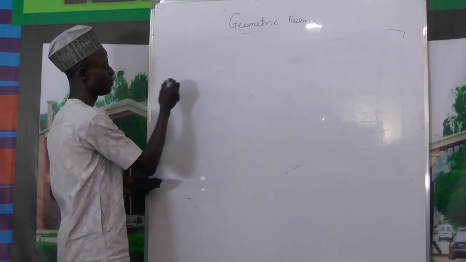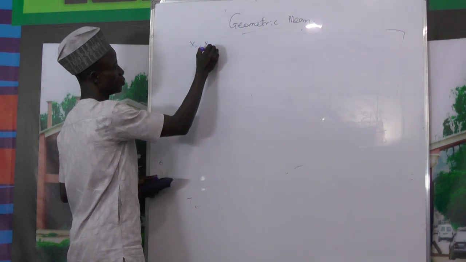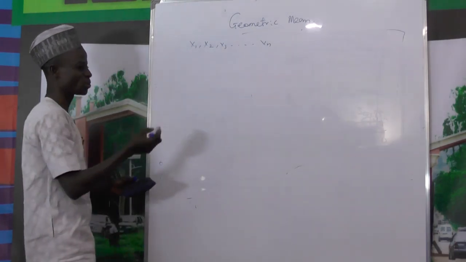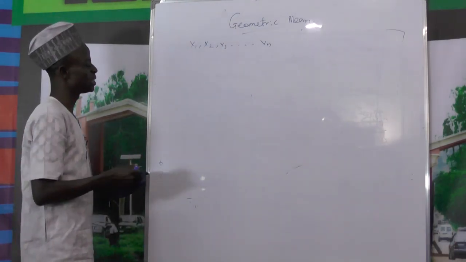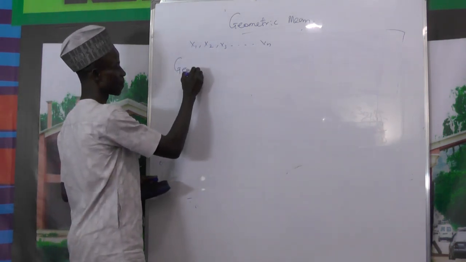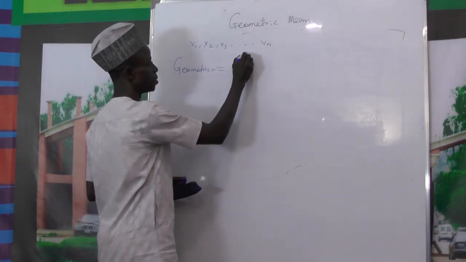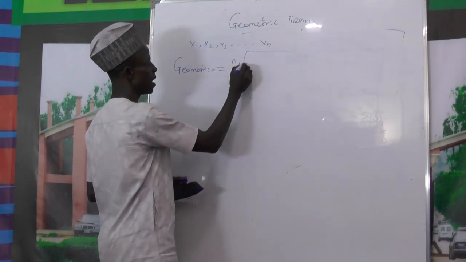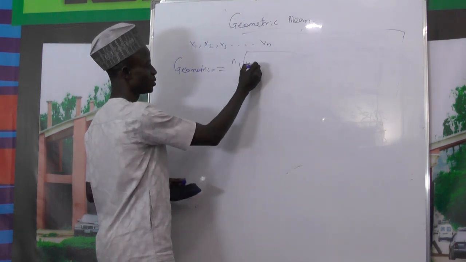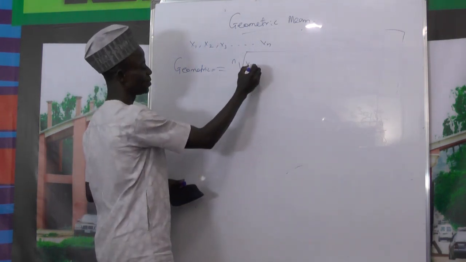So when we are having a set of values, let's say x1, x2, x3 up to xn, then we are asked to find the geometric mean of this. So this is simply written as geometric mean equals the nth root of x1 multiplied by, let me use dot as multiplication, so as we won't make an error or be confused by my explanation.